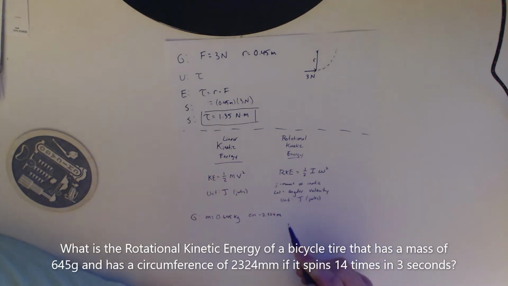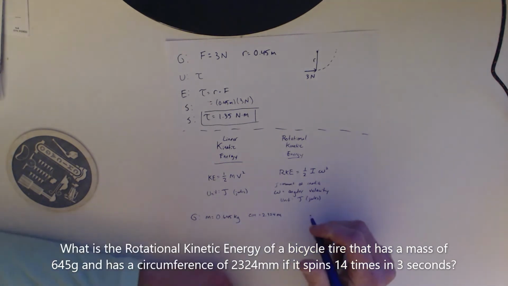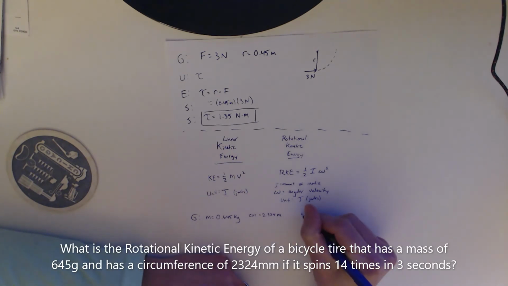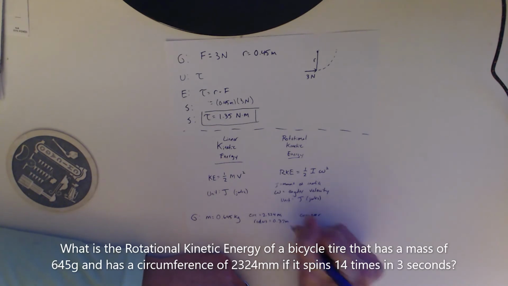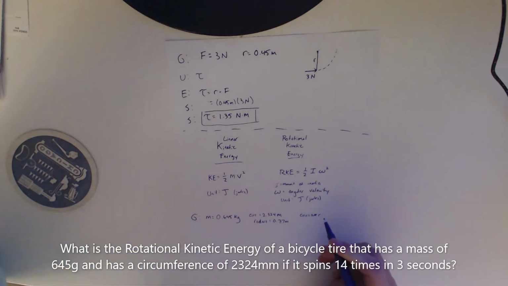But here we've got to use our knowledge of circles. If we are given the circumference, we know circumference is 2 pi r. So we can divide this by 2 pi to get that the radius, not the radians, the radius, is 0.37 meters. Because we're going to need that to calculate our moment of inertia.